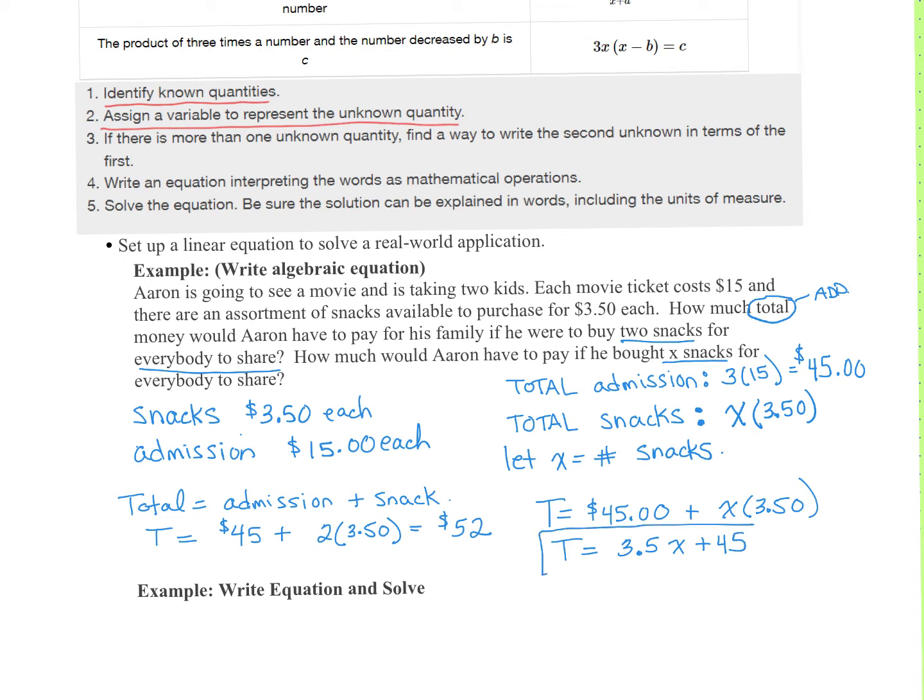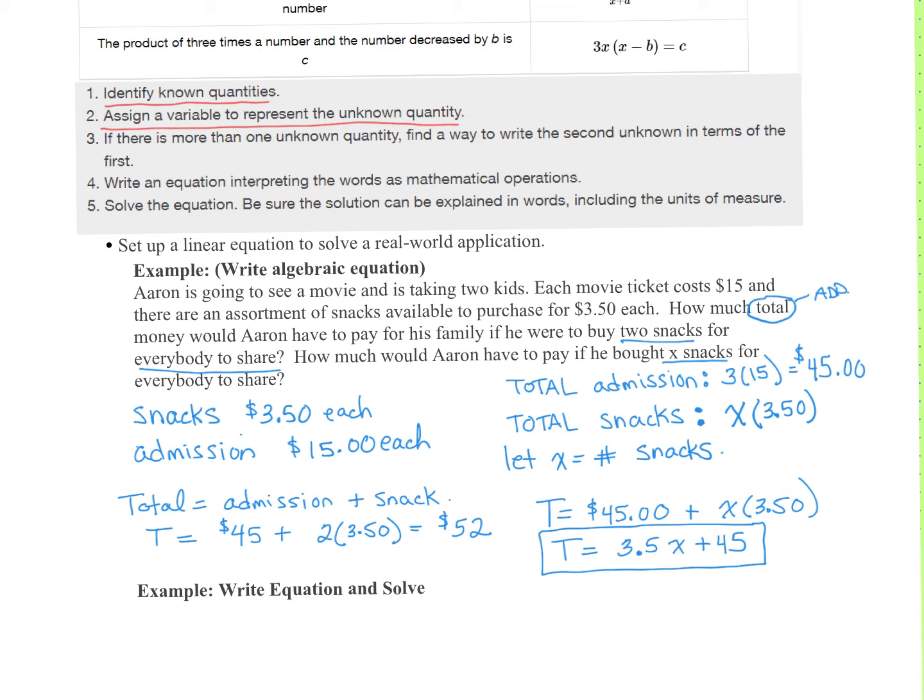And this would allow us to find the total value if he bought X snacks, and we could plug different values of X in, or if we knew how many snacks we were going to buy. But what if I had $100 to spend? That would tell me how many snacks I could purchase.